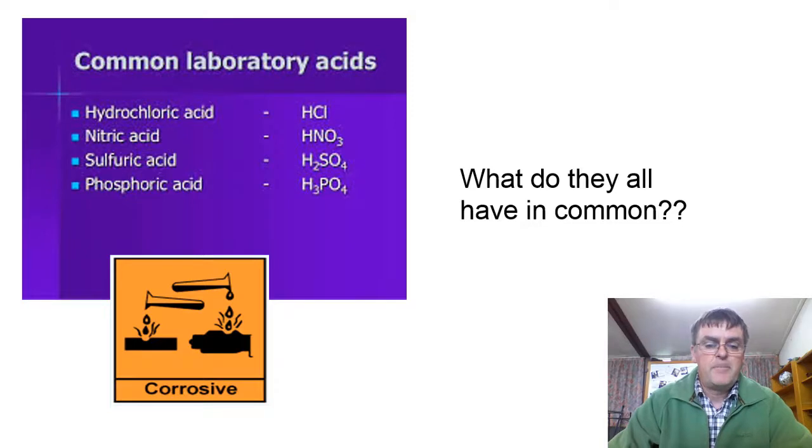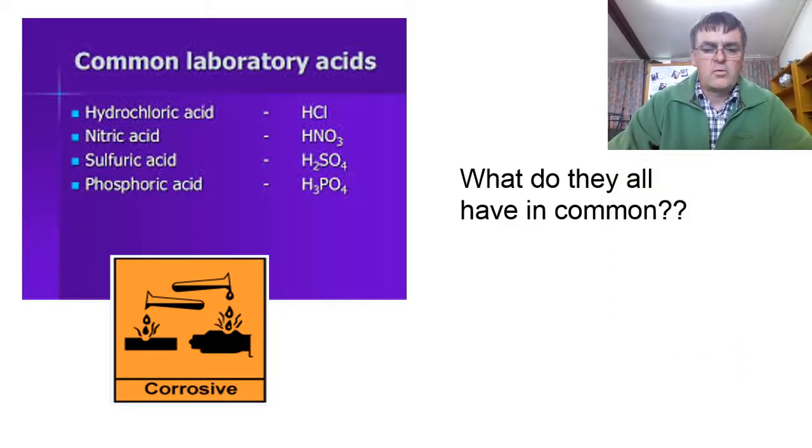If you feel that, wash your hand under lots of cold water. Lots of water will dilute it and wash it away, and you'll be fine. The ones that we have in the normal school laboratories are pretty safe. They're not super strong, but if you feel a stinging sensation after handling these, wash it all off.